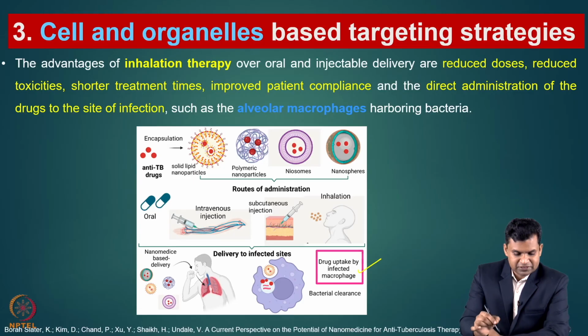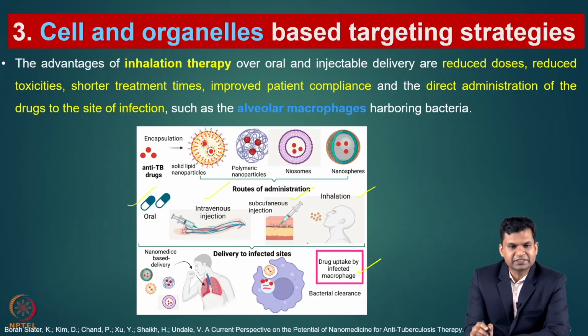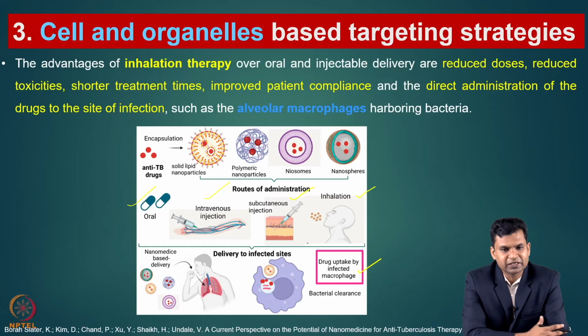Now, here we can see these are the various approaches for the treatment of tuberculosis. Here you can see the oral route, and we can also use intravenous, subcutaneous and inhalation routes. In the conventional way, by taking tablets and injections and subcutaneous inhalation, it will not reach the target sites.